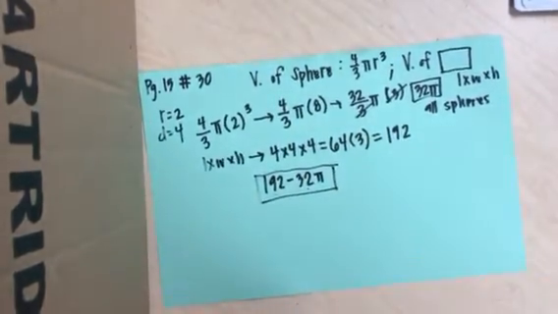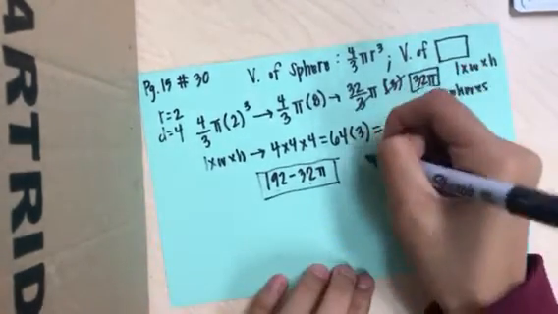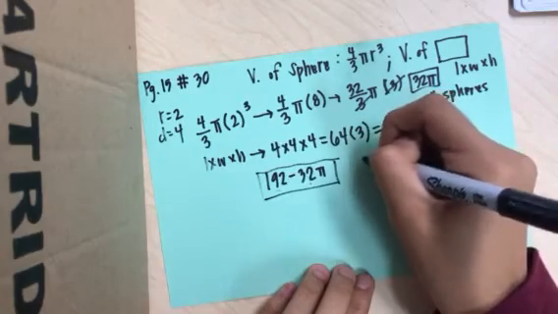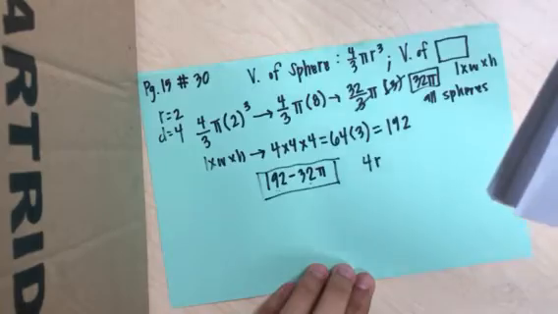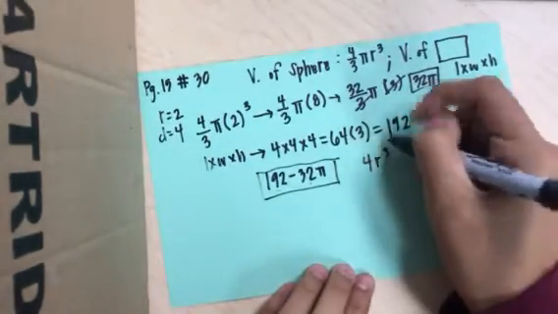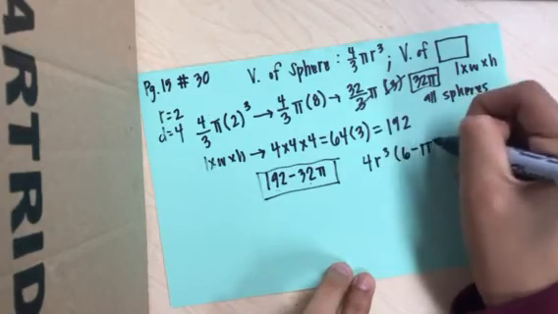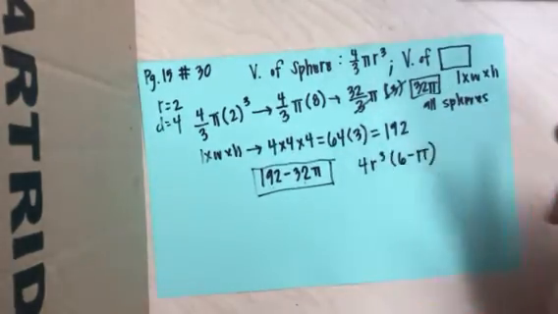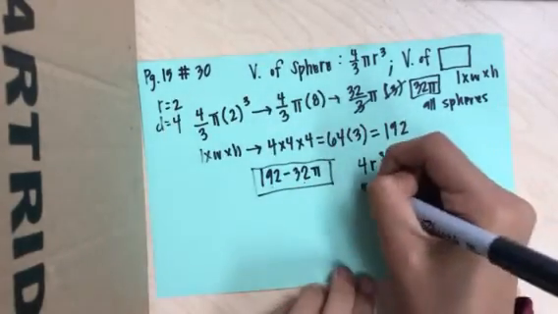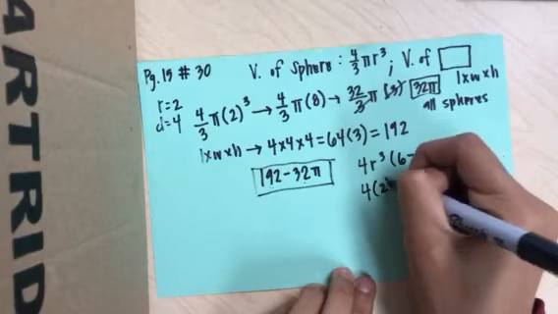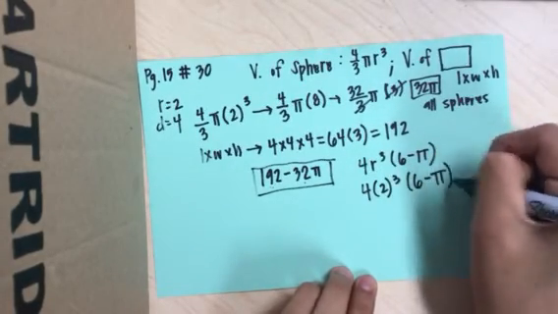We need to look into our answers. So we're going to start with C. So the equation they gave us was 4r cubed times 6 minus pi. So we're going to use the same radius we used in our original formula. So we're going to do 4 times 2 to the third and then 6 minus pi.